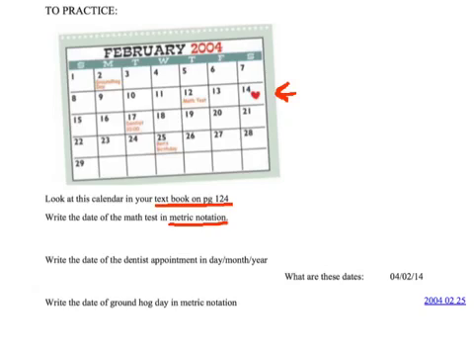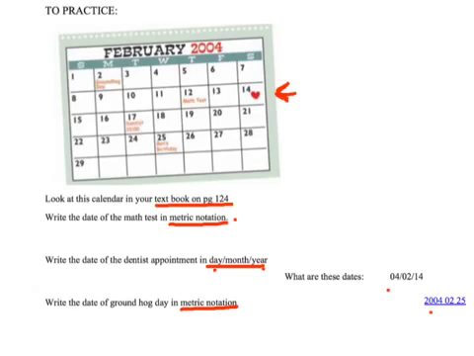Again, write the date of your math test in metric notation. Write the date of the dentist appointment in day, month, year. Write the date of Groundhog Day in metric notation, so make sure you're paying close attention to what the question's asking. And then finally take a look at these dates and determine what day they're actually talking about. Press pause and do that now.